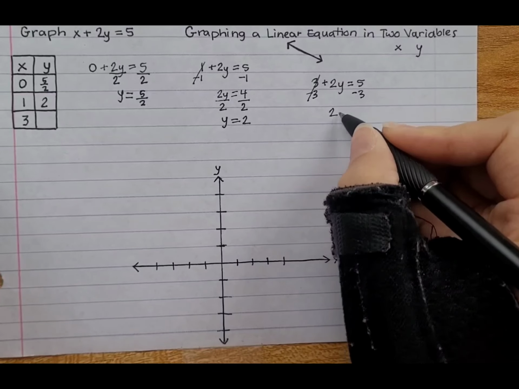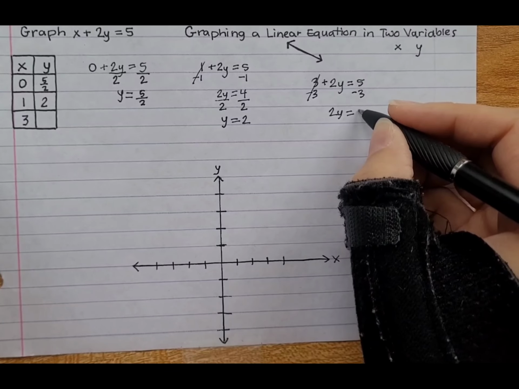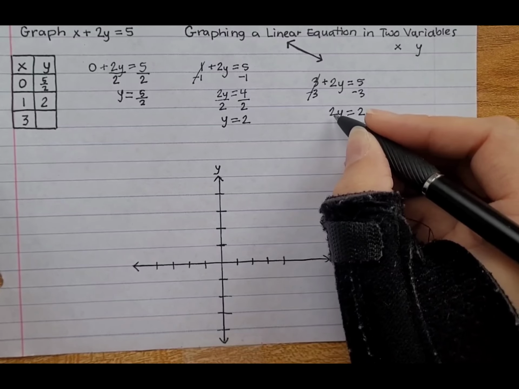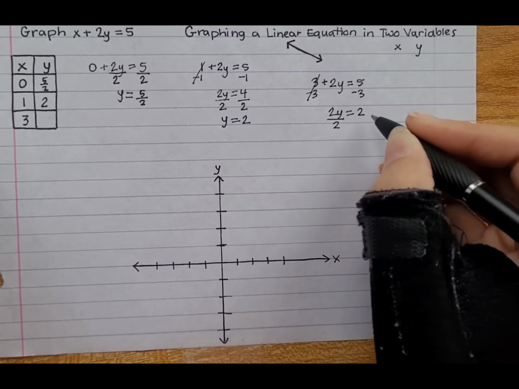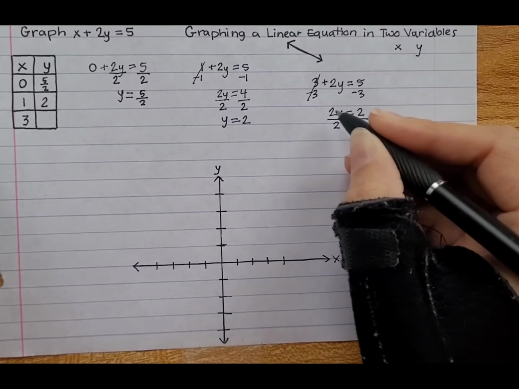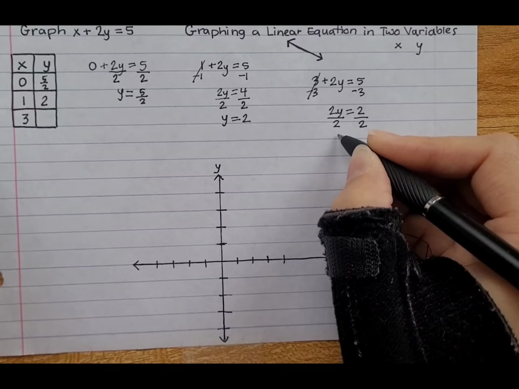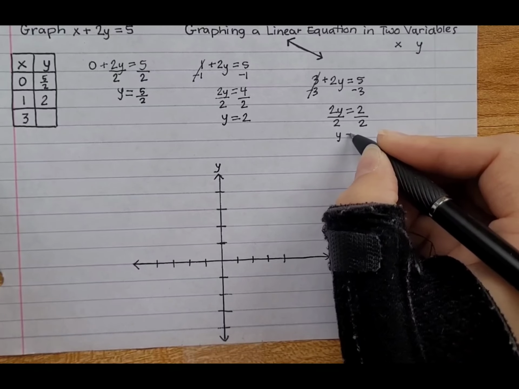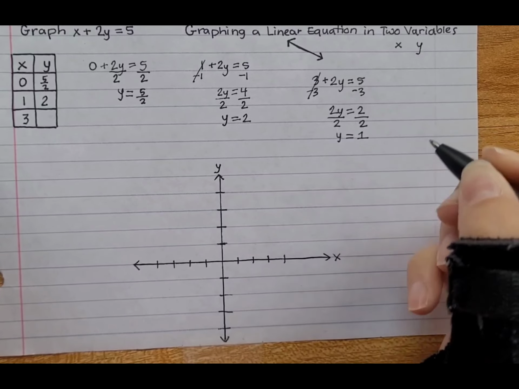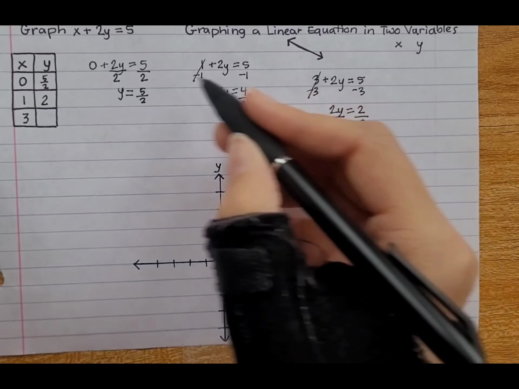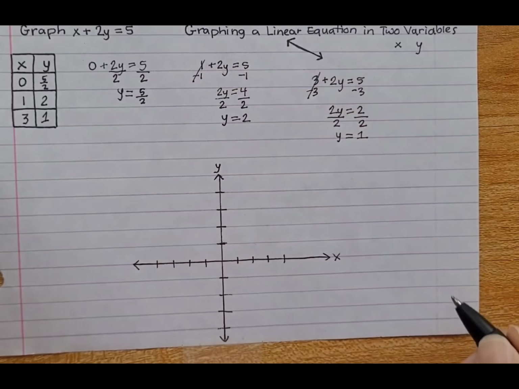Now we only have 2y on the left side. 5 minus 3 is 2. And 2 times y, opposite of multiplying, is dividing. So we divide both sides by 2. 2 divided by 2 is 1. So we only have 1y. And 2 divided by 2 again is 1. So where our x was 3, our y is 1.